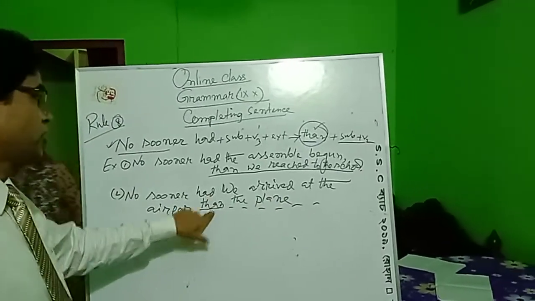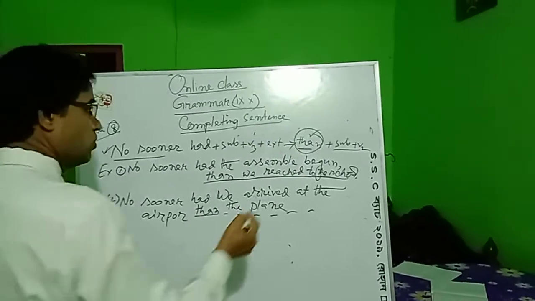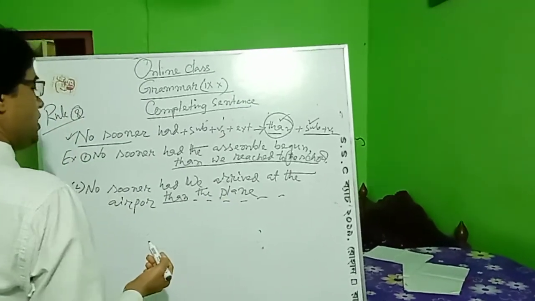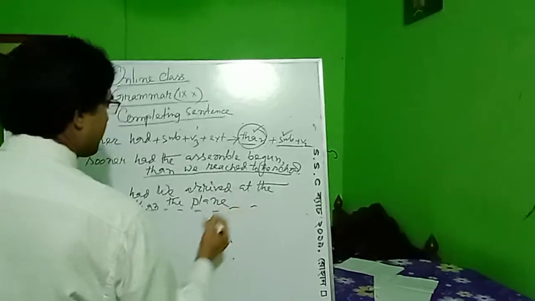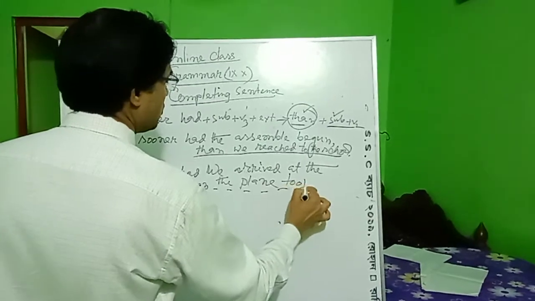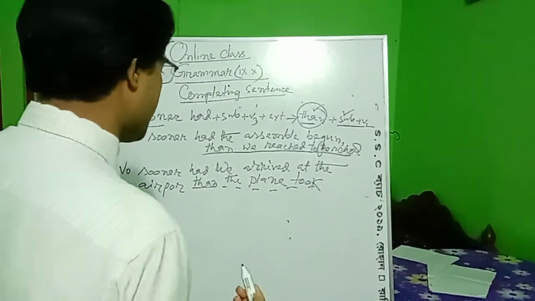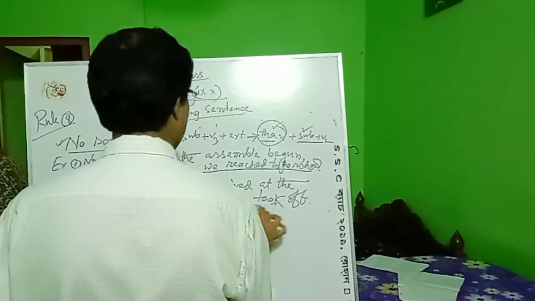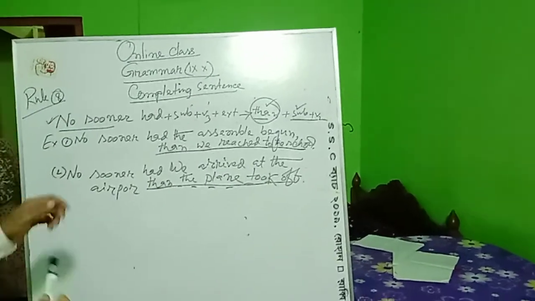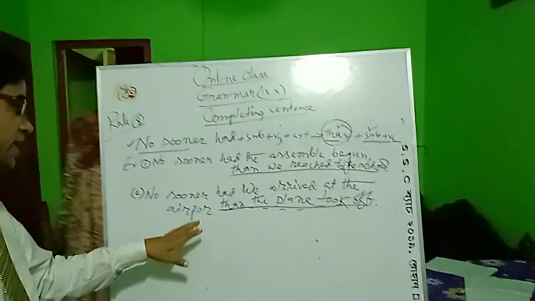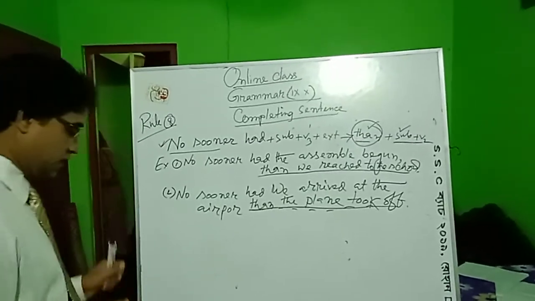We have used then according to our structure. Then we will use the subject, that means the plane, and then we will use verb that will be past form, that means the plane took off. You know, take off means fly away. Now, if we try to understand the meaning, we see that no sooner had we arrived at the airport than the plane took off.